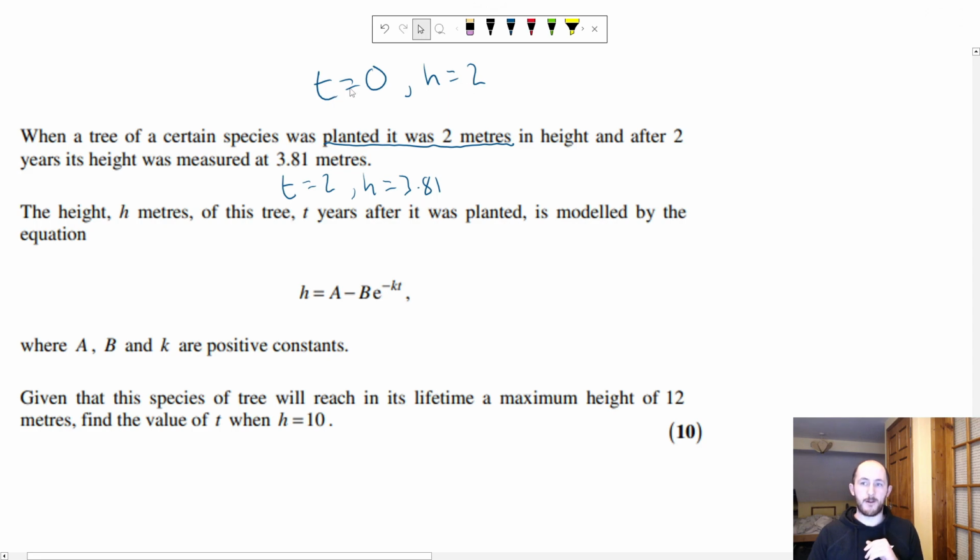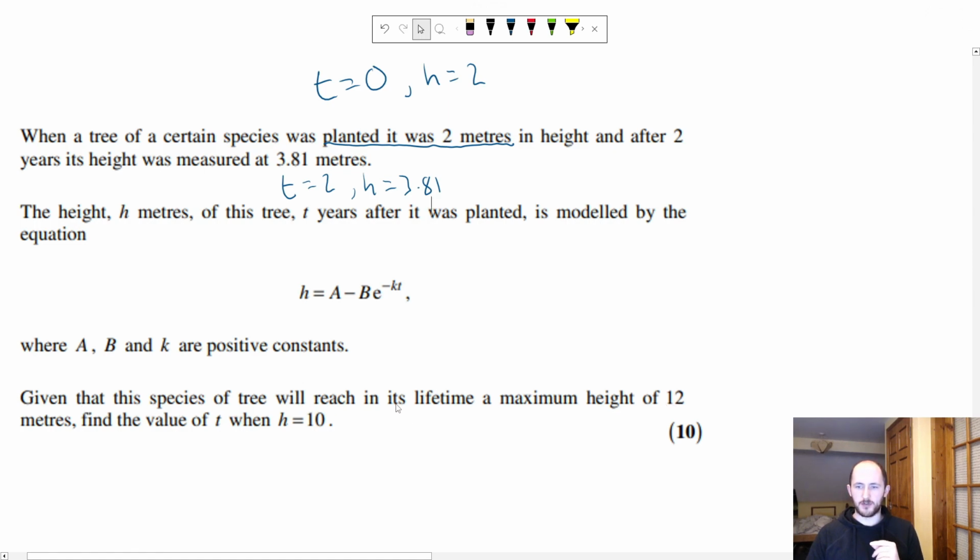So I can't use this first one just yet. The second one has the same issue, except even worse because we'll have k as well. We can't use these two pieces of information yet, because they provide equations with more than one unknown. But there is another piece of information.